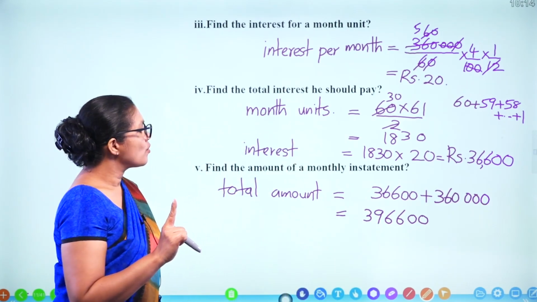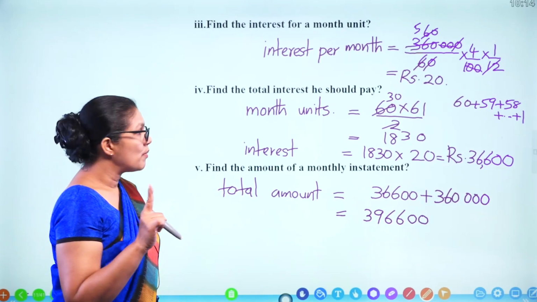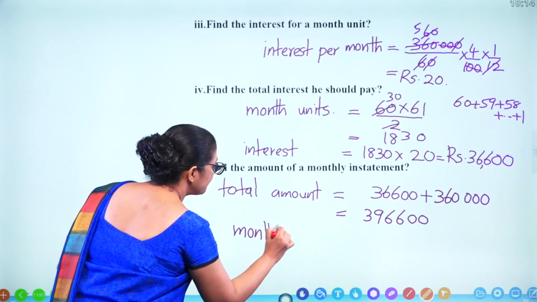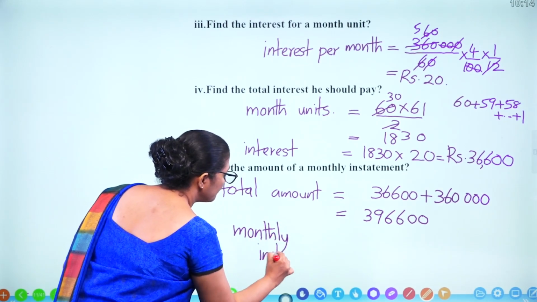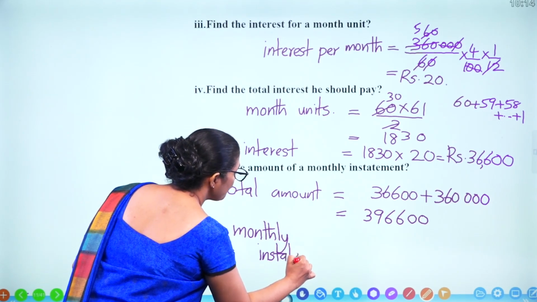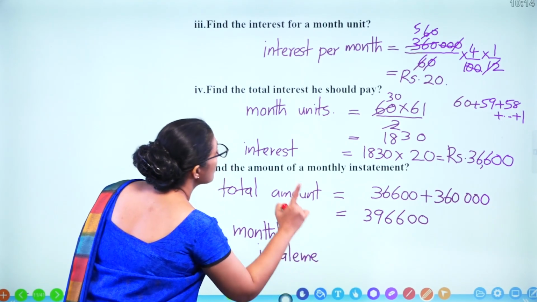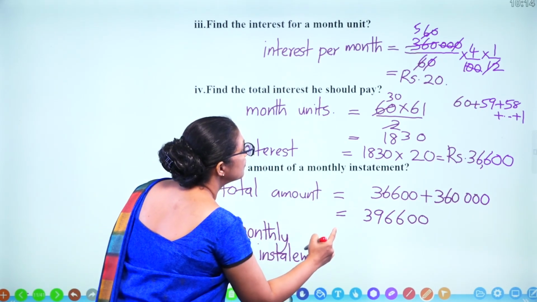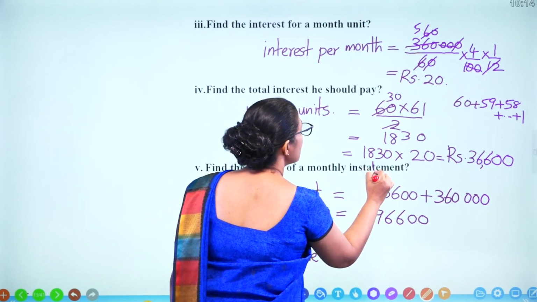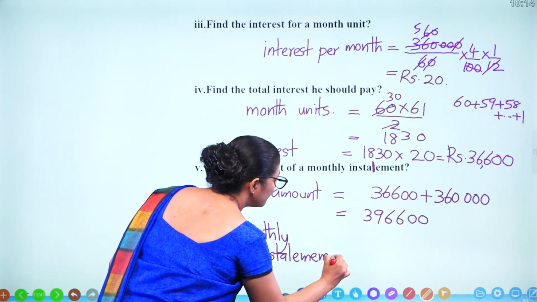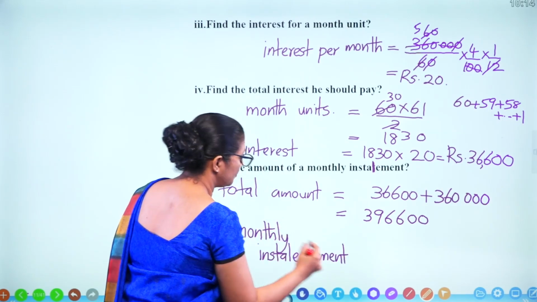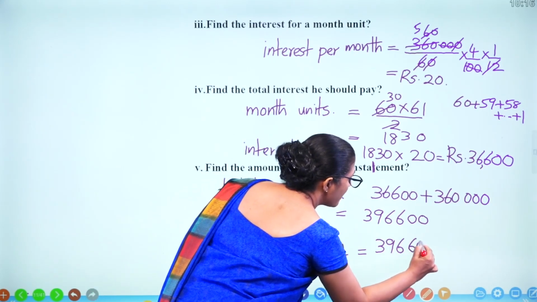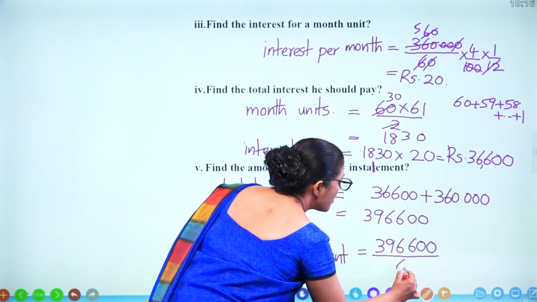And you can find out what's the amount for monthly installment. You can divide by months. So monthly installment is equal to 396,600, which is the total amount, and there are 60 months.